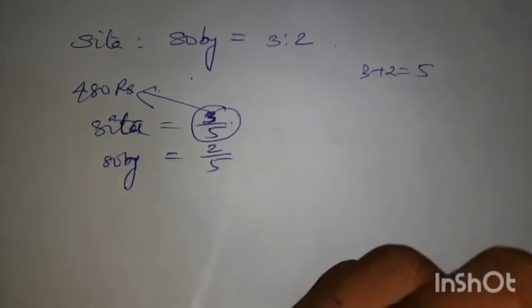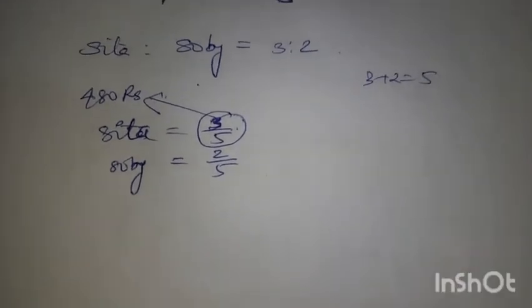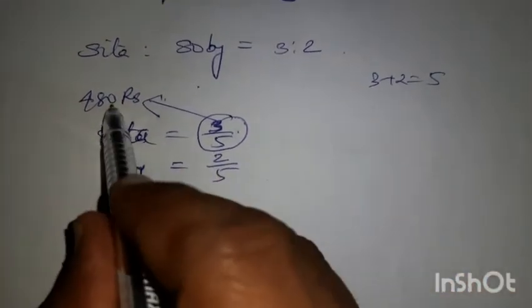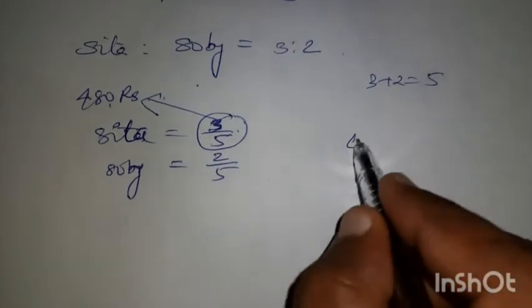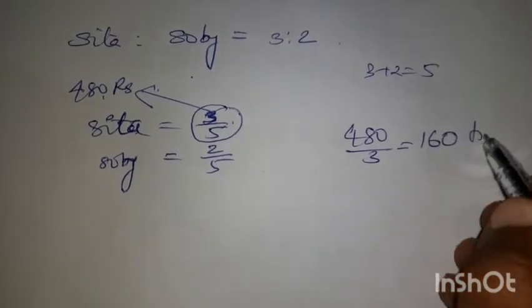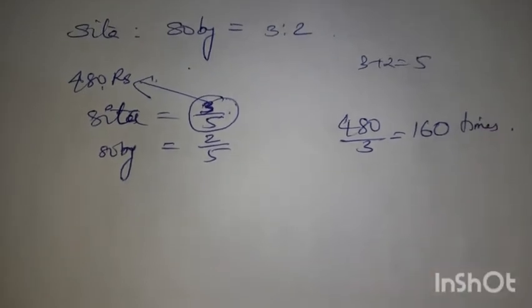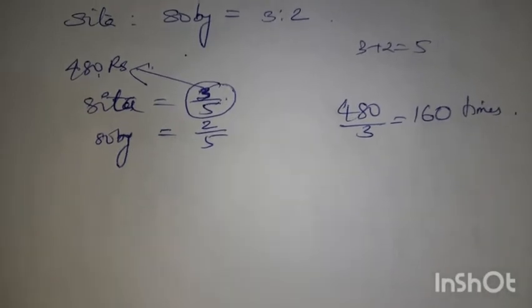Okay. So 3 parts you can write as 480. So how many times is this of this? If you write 480 by 3, we will get 160. So 160 times you got. Then using that you can find out the other.